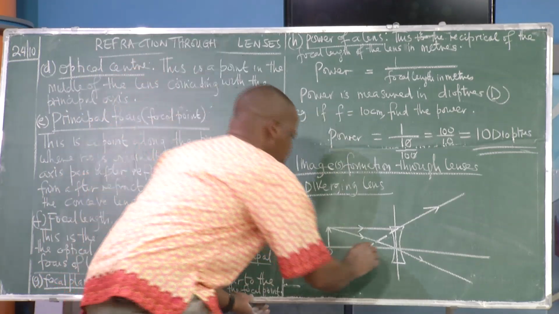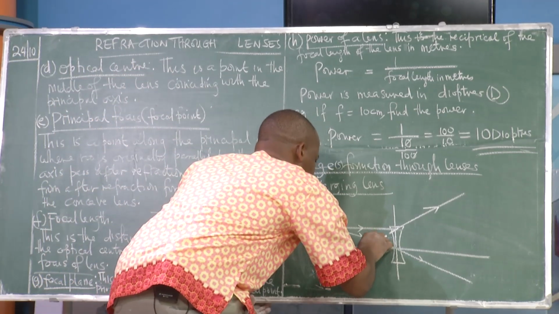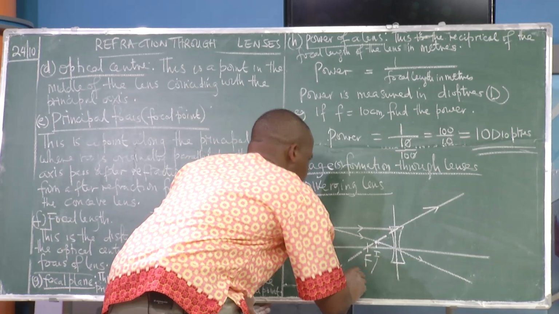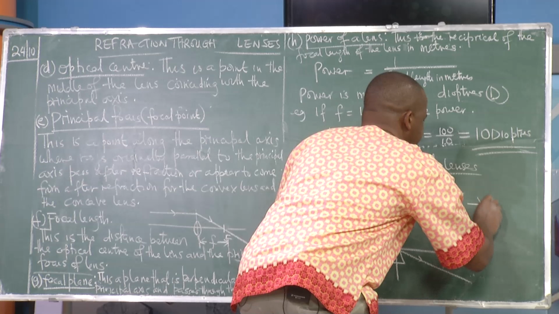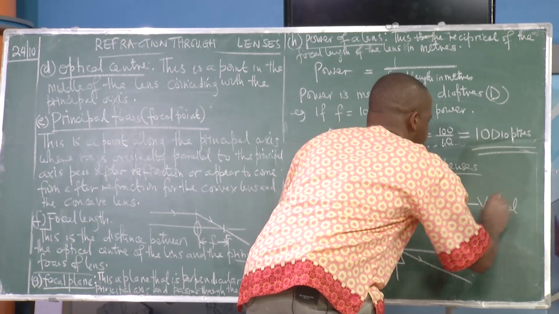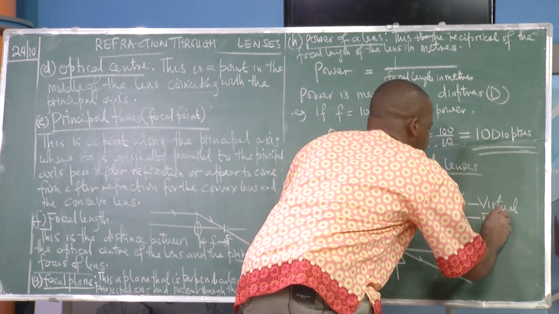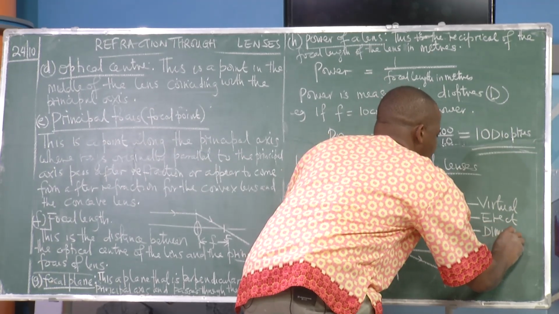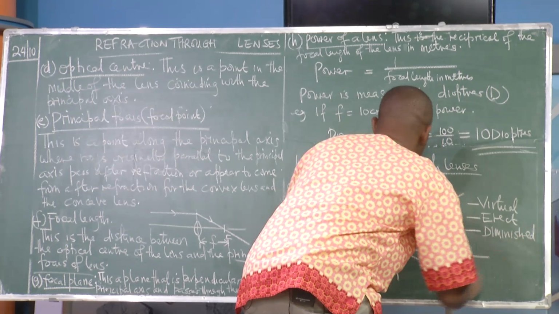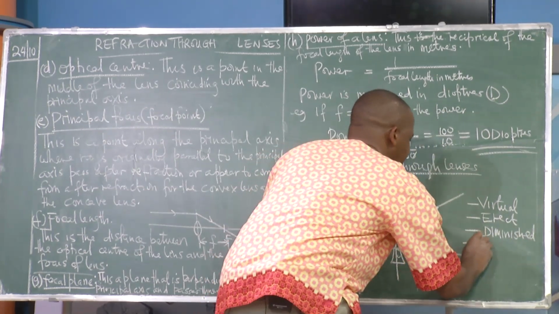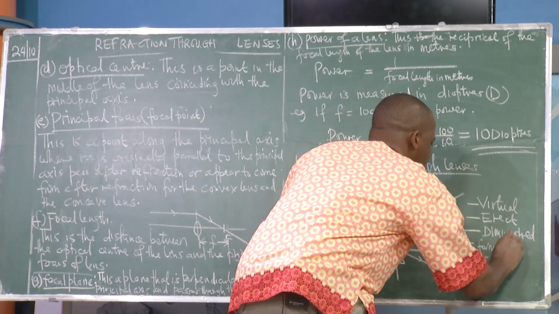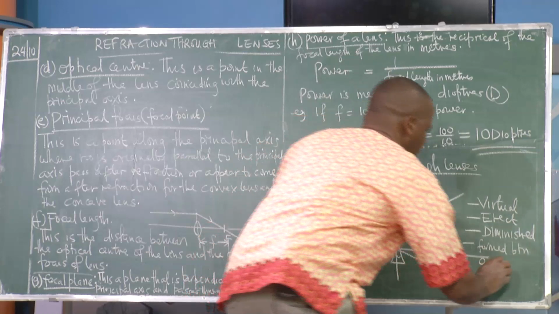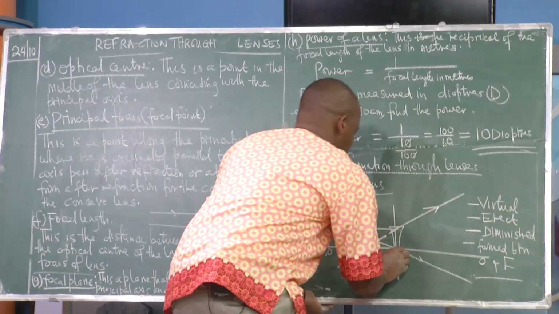Where these two rays meet should be, however small, illustrating an image that is virtual, that is erect, that is diminished, as can be clearly seen, and that is formed between the optical center and the focal point, where O is the optical center.